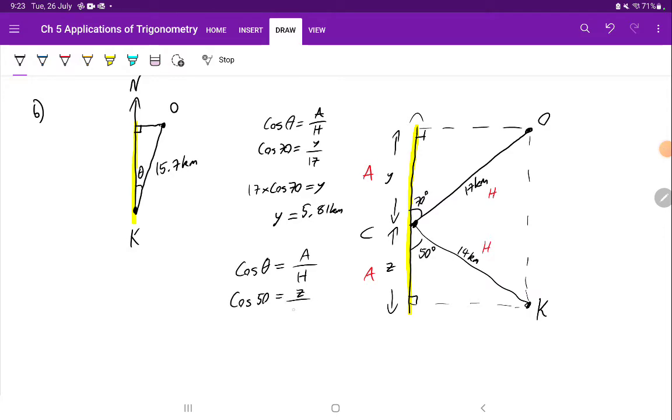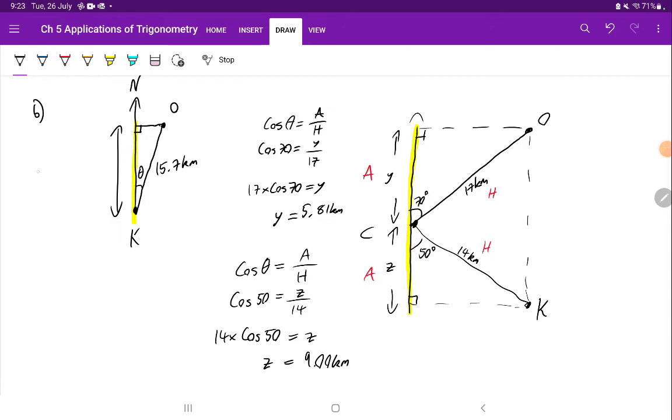Times both sides by 14, we get 14 times cos of 50, which we type into our calculator, which gives us the value of Z. 8.999, which rounding to two decimal places would be 9.00 kilometers.